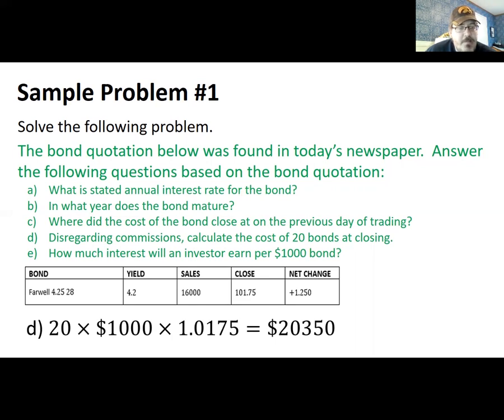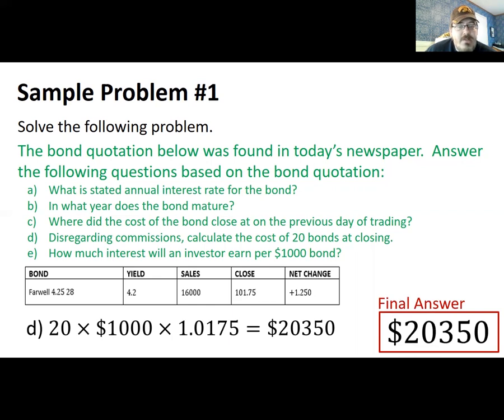Again, kind of treat it like a percentage. So when all said and done, when you go to purchase this, you're going to be purchasing the $20,000 in bonds for $20,350. Okay, because the price is a little bit high. That means you're paying a little bit more than what the actual bonds are going to cost you.